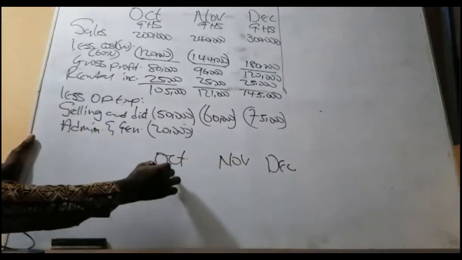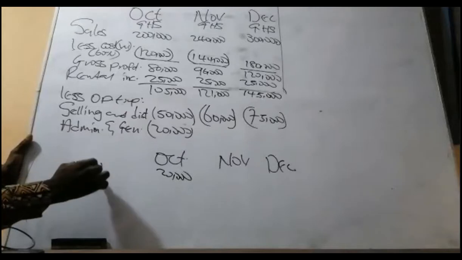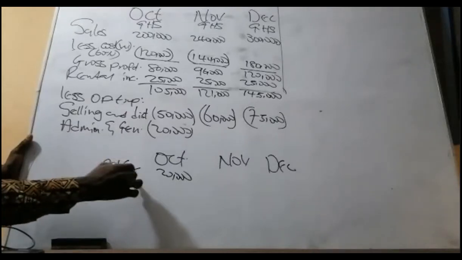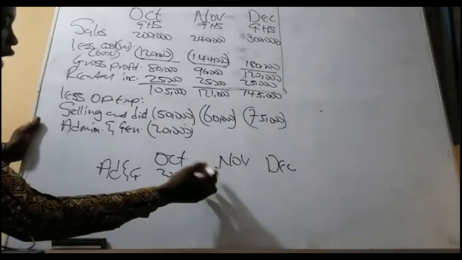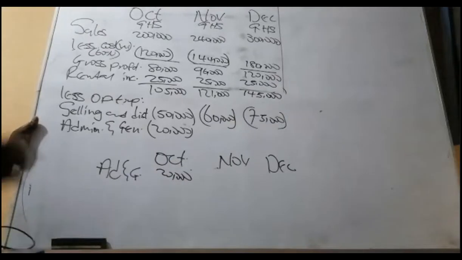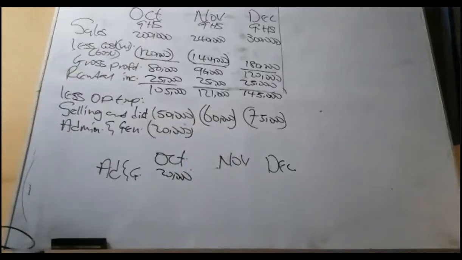So here's 20,000. Then that's the admin and general expenses, 20,000. I just have to find the increment from here to here. So here, they say that the movement in the sales revenue, so find the increase in sales revenue.